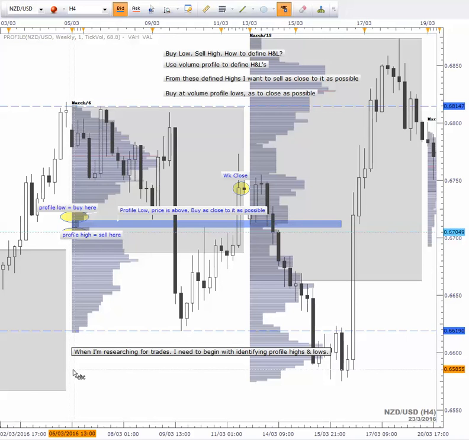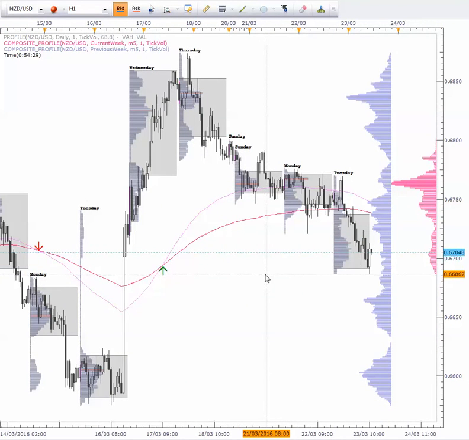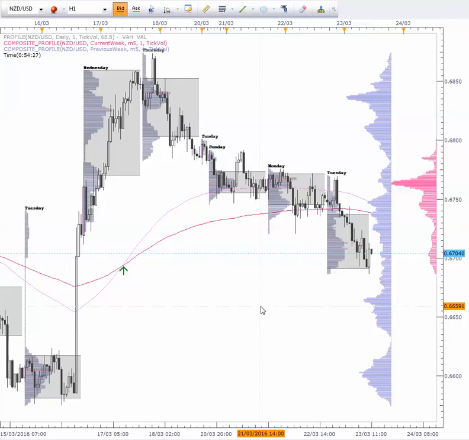When researching for trades, I come to the computer and what do I do? I'll do it this way here. This is the 1 hour chart for New Zealand dollar, and it's showing the daily profiles.